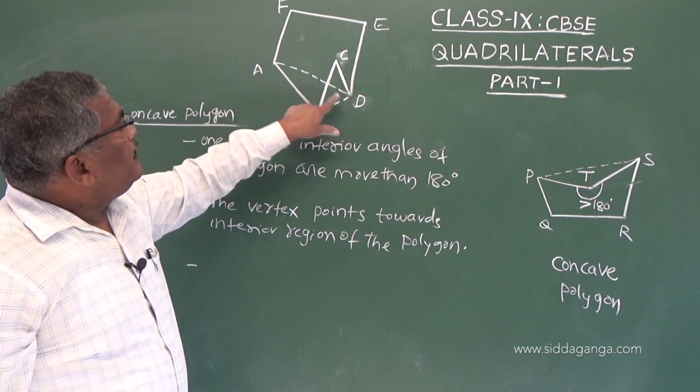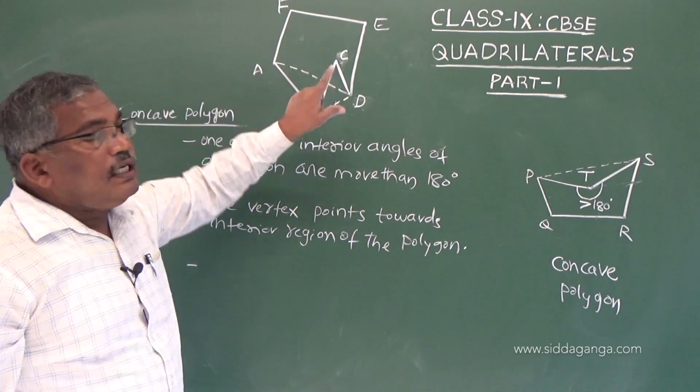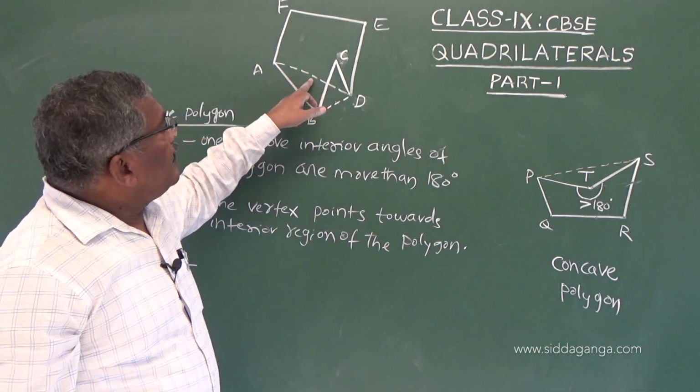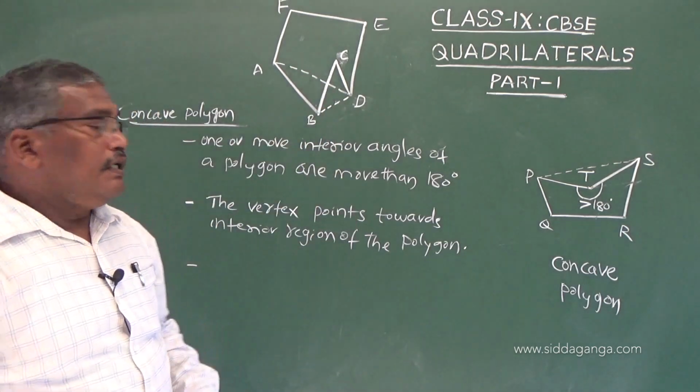The AD diagonal is partly in the interior region and partly in the exterior region.